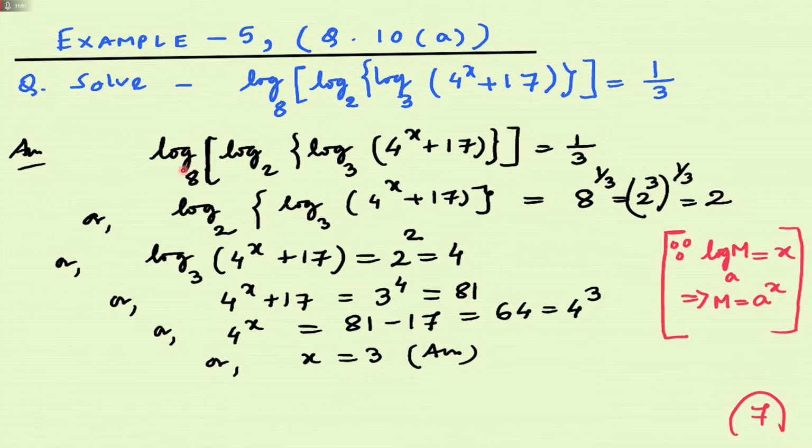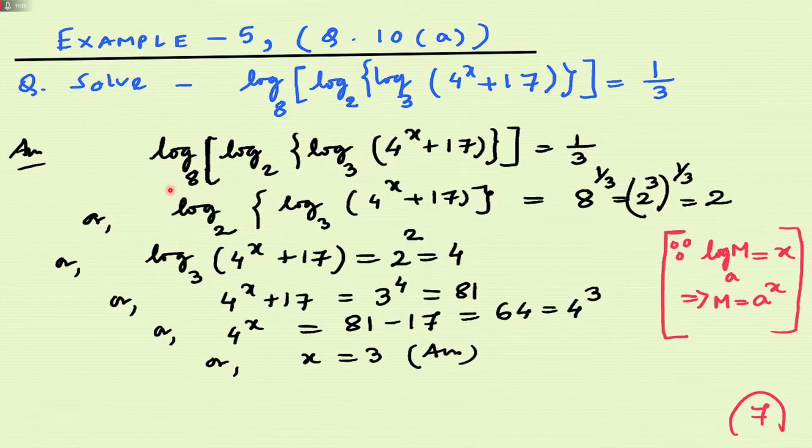Now just use the definition of log. What was the definition of log? Log m base a is equal to x will give you m equal to a to the power x. I am using this relation 3 times. Look here, this is my m and this is log base a and this is x.